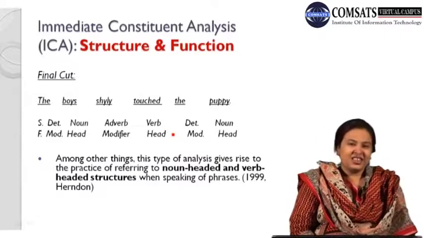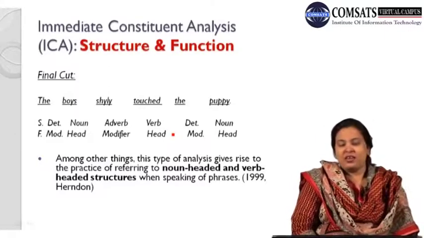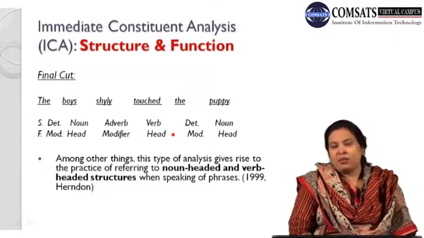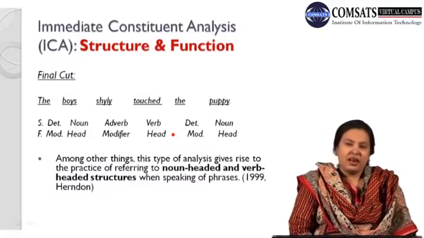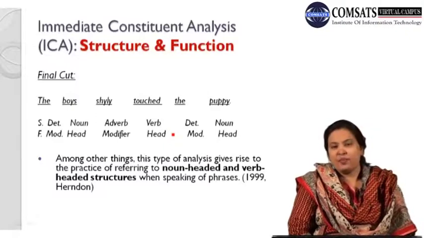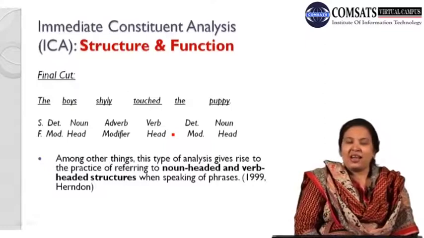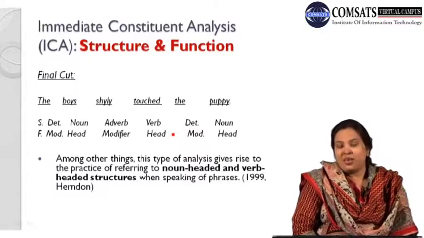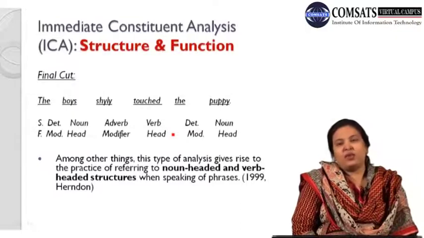Verb, touched, and what is the verb? That is head. The puppy: the, article, again a modality, and puppy, noun, again head. So this way at the final cut we get every single constituent element, its structure and its function.